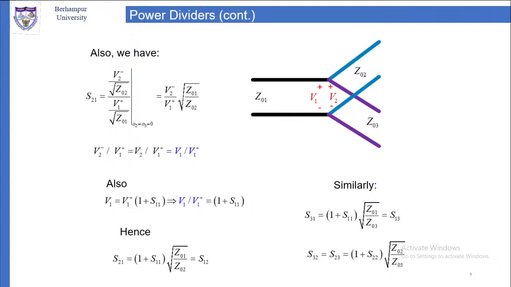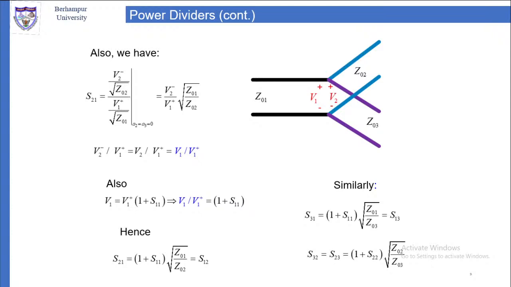Also, we already have seen by definition of S parameter, S21 is equal to V2 minus by root over of Z02 divided by V1 plus divided by root over of Z01 when A2 and A3 is equal to 0. So this we can write as V2 minus by V1 plus into root over of Z01 by Z02. Now you know V2 minus by V1 plus.